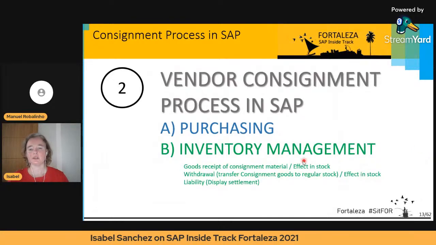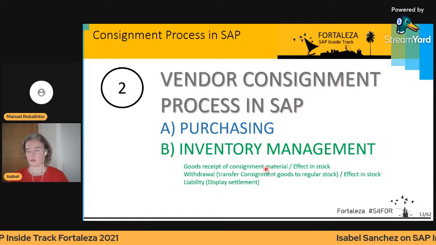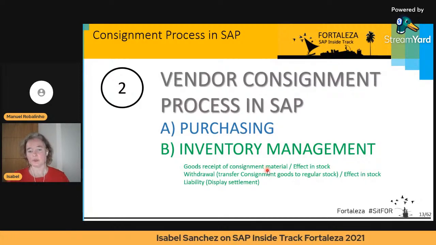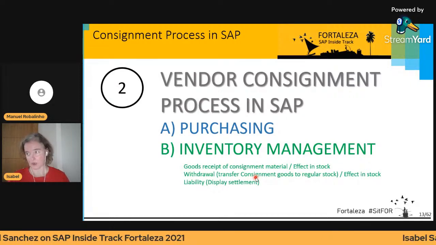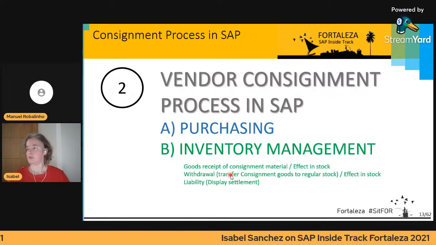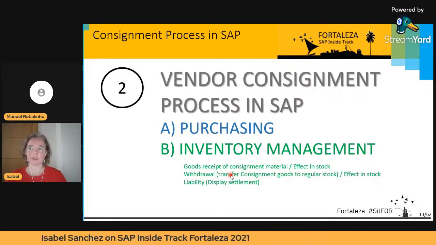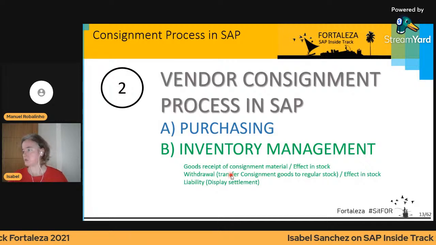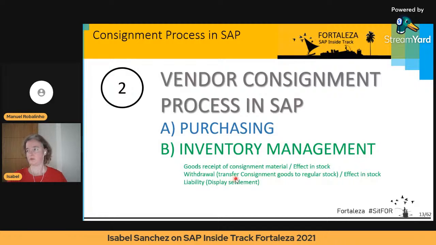The second part is inventory management, where you define the goods receipt of consignment material. Later, when the consignment material is in our warehouse, and our own company says to the vendor that we have sold 5 units, for instance, we withdraw them.